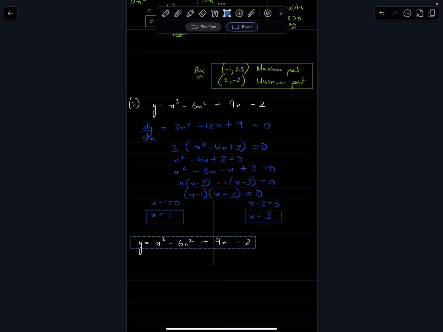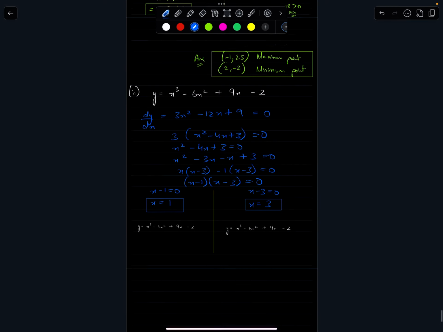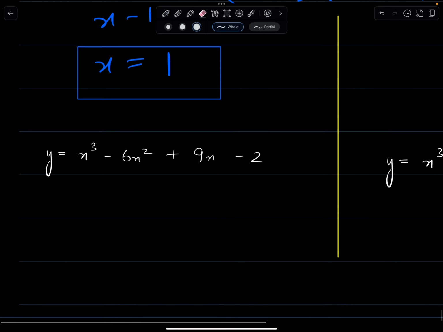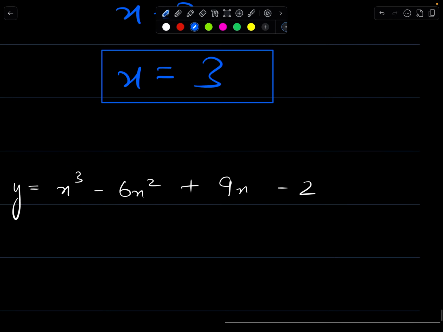Copy. So we have a 1 here, a 1 here, and a 1 here. So y turns out to be 2. In this case, we have a 3 wherever the x is.